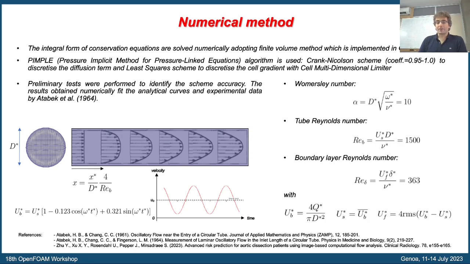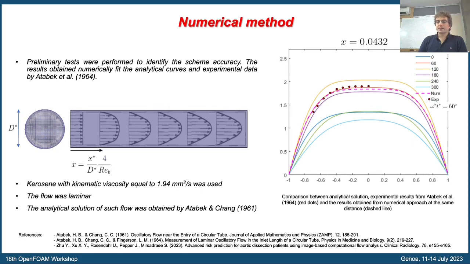If the Reynolds number of the tube is much larger than the Reynolds number of the boundary layer, we can expect a steady flow-like regime. Otherwise, you can go to the limit of an oscillatory boundary layer. As you can see in this figure, in the pink lines and the dots, the numerical simulation approaches very closely both the analytical solution and experimental measurements.